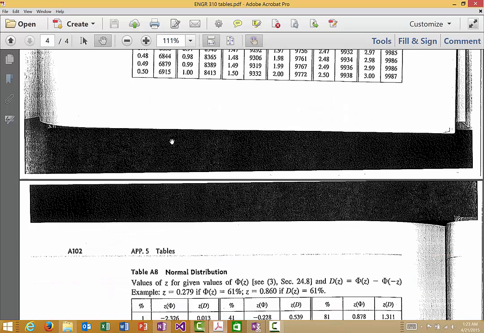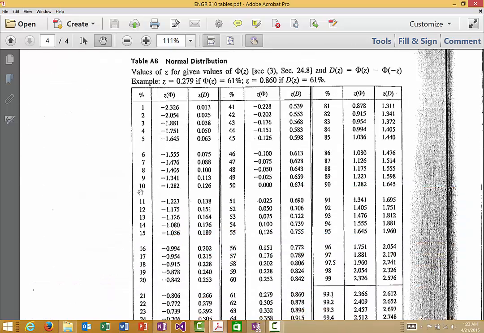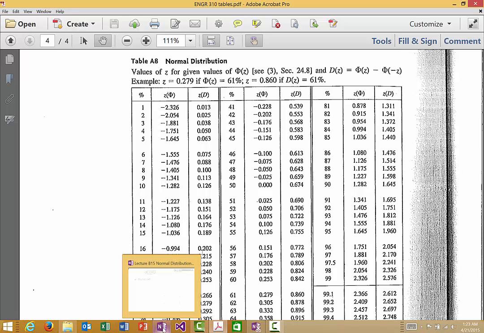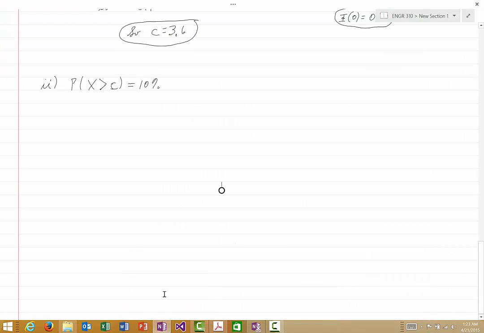What about table A8? Well, there indeed we have 10%. So yes, this would be more useful in this case. So what value of z will make phi equal to 10%? Well, the answer is minus 1.282. So let's see if that will help us do this problem.